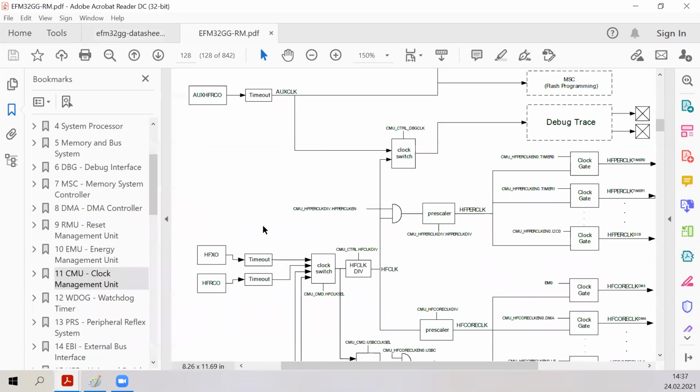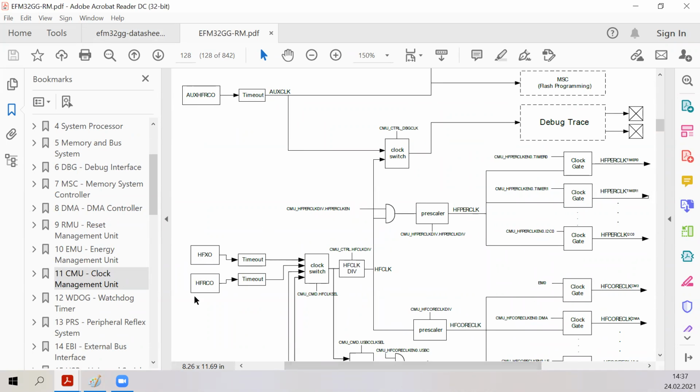I'll try to zoom in a little bit. And so when you turn on a microcontroller, it automatically starts its built-in high-frequency RC oscillator, and it oscillates at, for example, 1 megahertz or 14 megahertz. So it can do 1 to 14 million instructions per second.